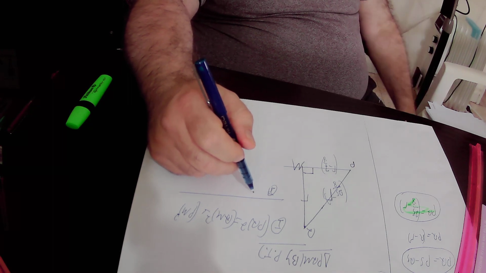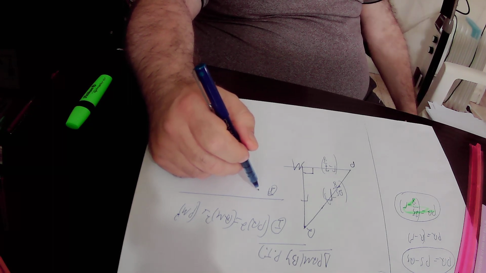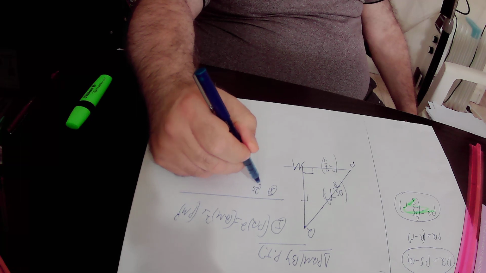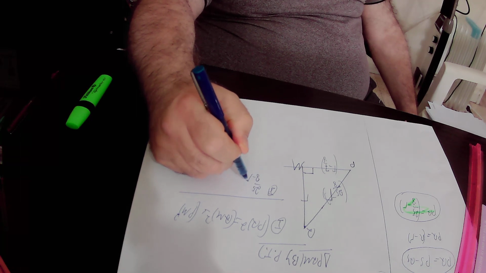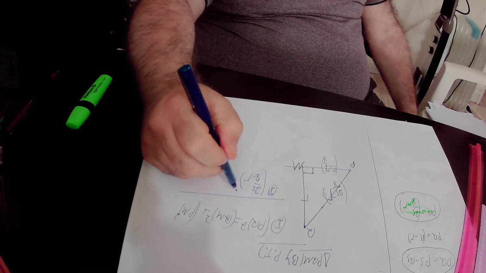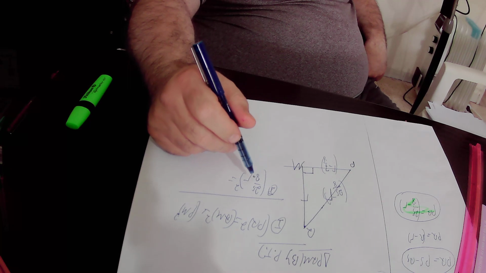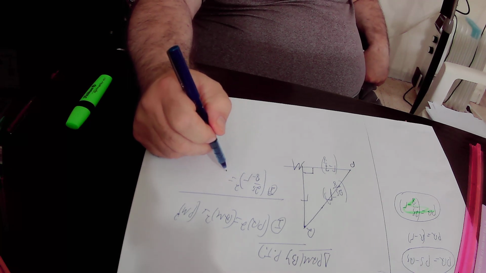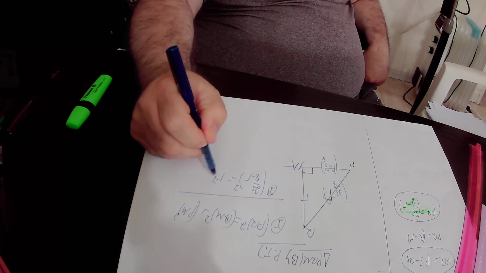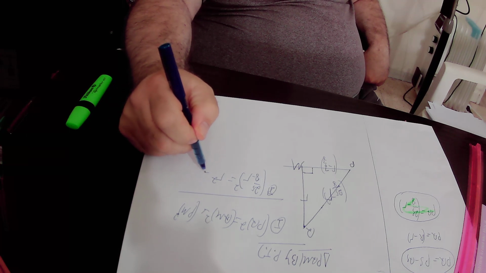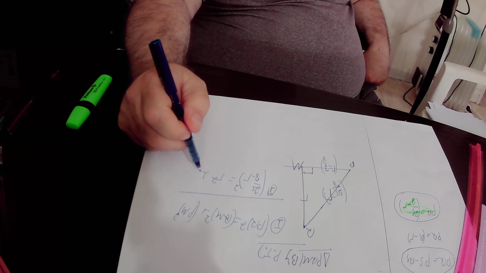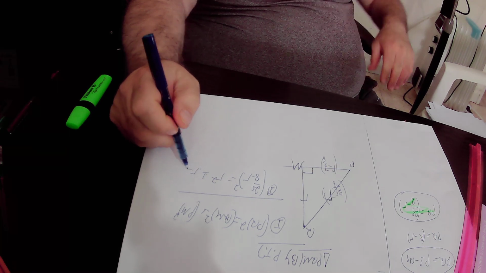PQ equals 25/8 minus r, so I write it down. So PQ squared is (25/8 minus r) squared, and it is equal to QM squared. QM equals small r, so QM squared equals small r squared, plus PM squared. PM equals small r minus 7/8.